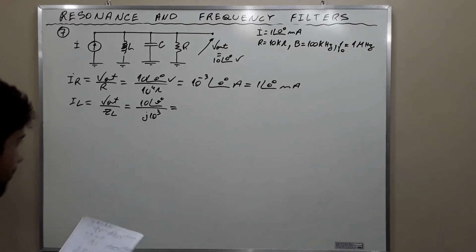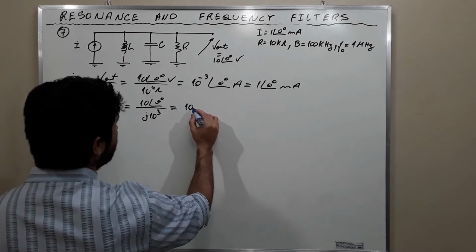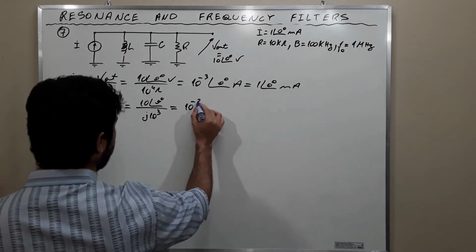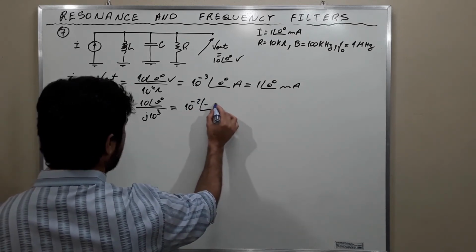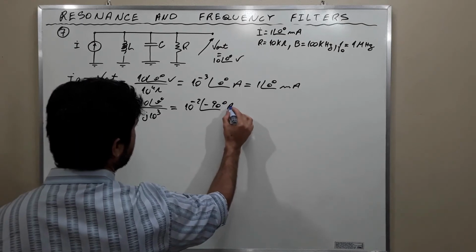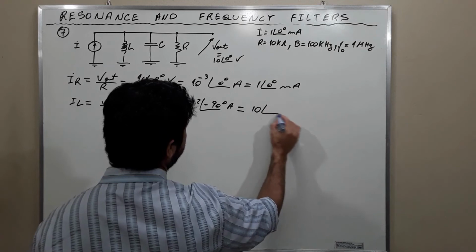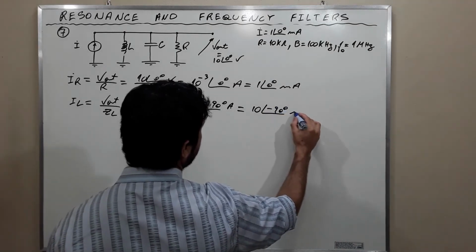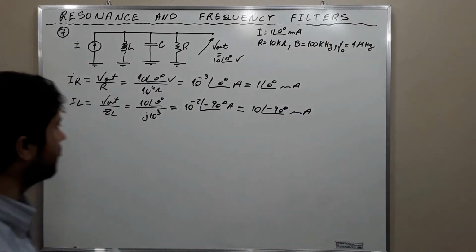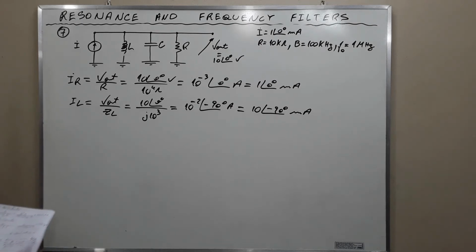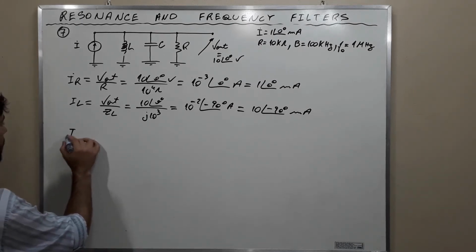And this is 10 to the negative 2 phase negative 90 degrees amperes, or if you prefer, 10 phase negative 90 degrees milliamps. Likewise, for the capacitor, we do this.